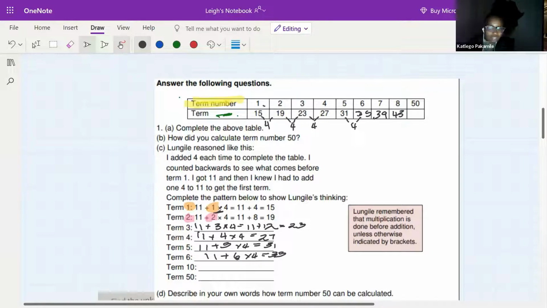And then I need Retumezi to get ready to do term 10 for us. And Takalani is going to do term number 50 for us. Okay, Retumezi, let's hear it.